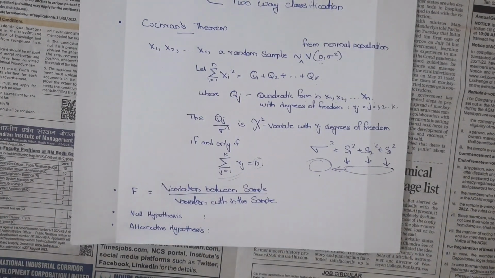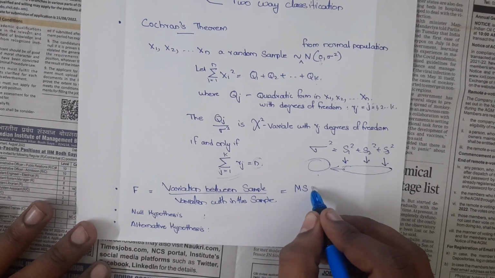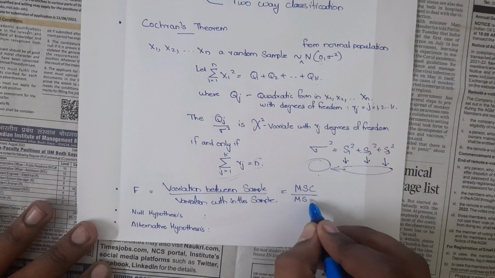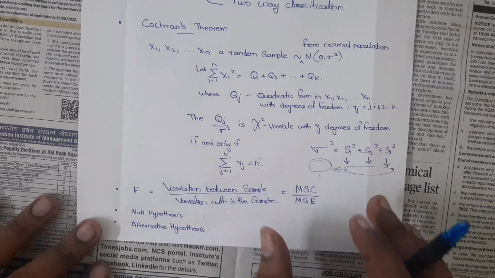Simply, in ANOVA derivation, we will write it as MSC divided by MSE. We will see what these terms indicate.